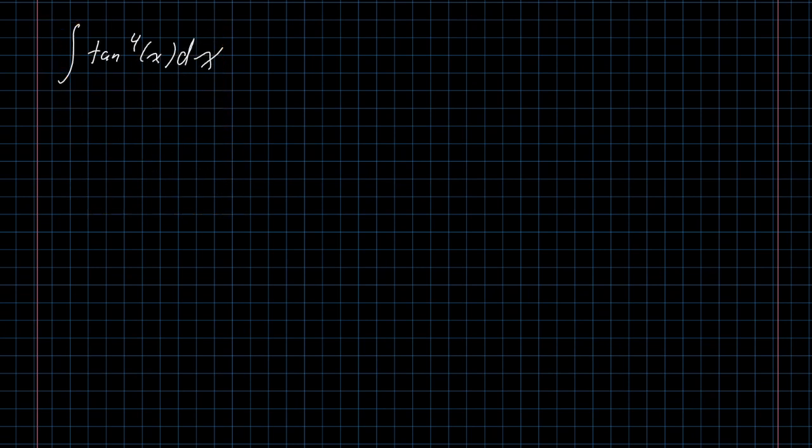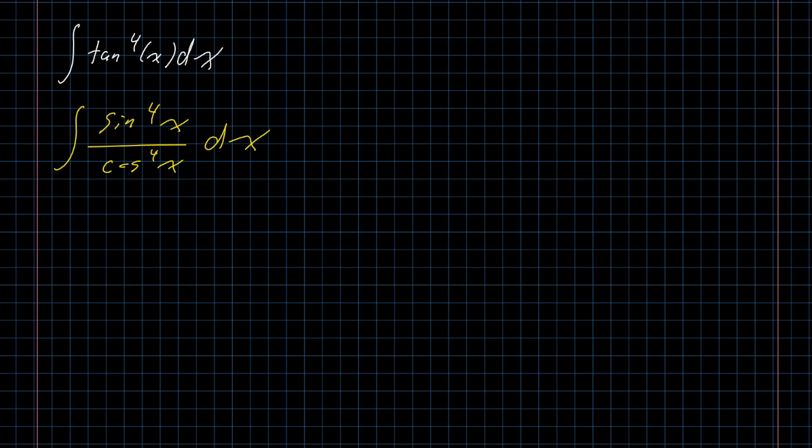One of the things that I mentioned early in this video is that replacing things in terms of sine and cosine is always a valid choice. Although this one is probably going to be very unpleasant to try.